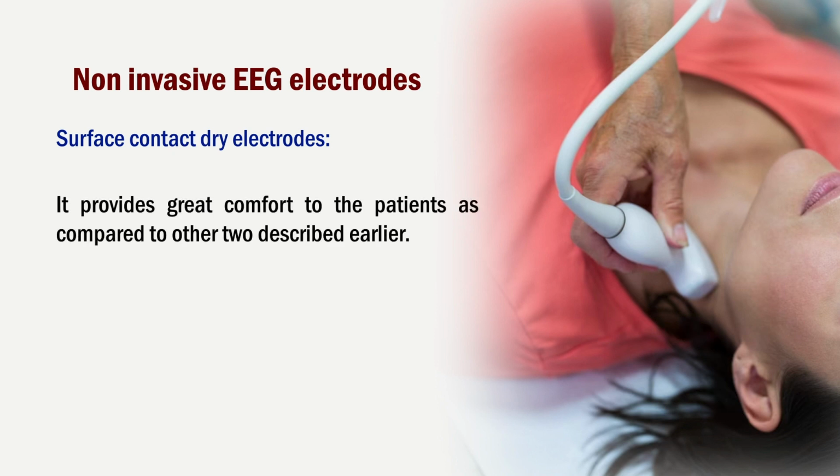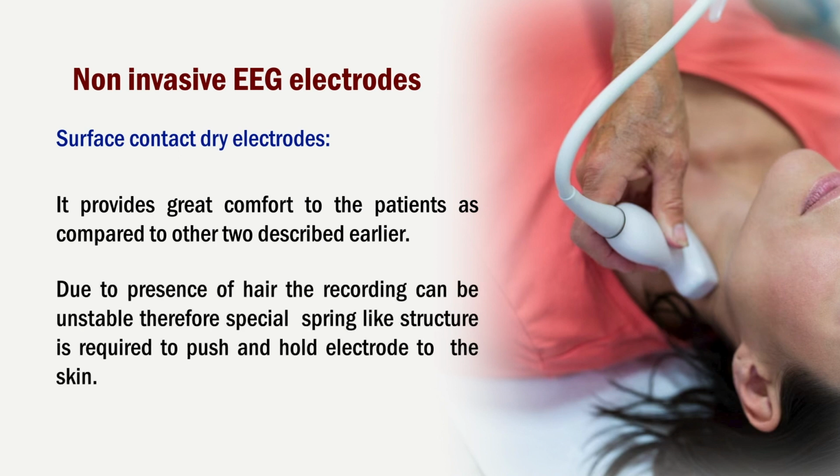They provide great comfort to the patients as compared to the other two described earlier. Due to the presence of hair, the recording can be unstable. Therefore, a special spring-like structure is required to push and hold the electrode to the skin.